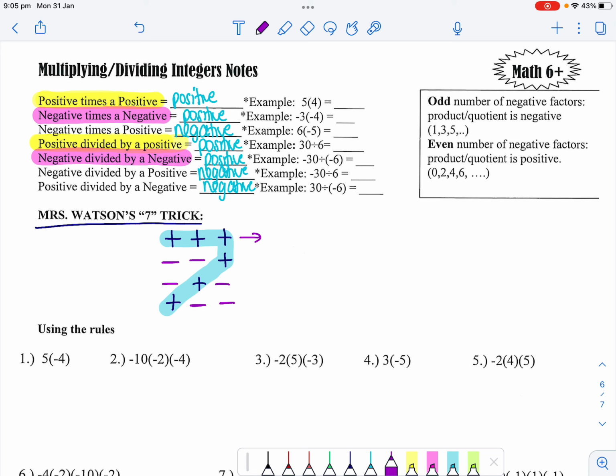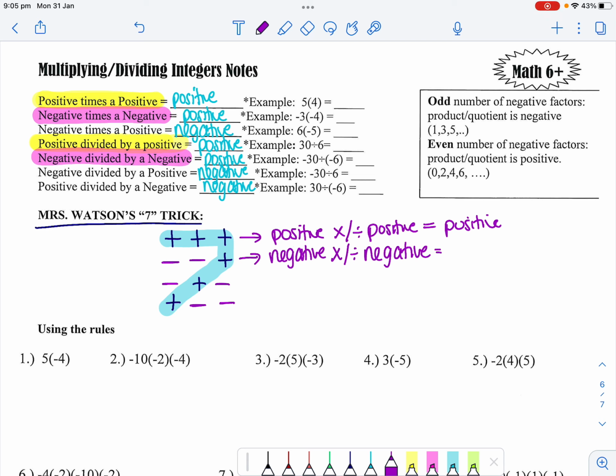So this is your positive times or divided by a positive, and that's going to equal a positive. And then this one is your negative times or divided by a negative, and it equals a positive.